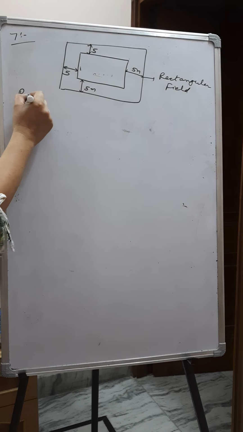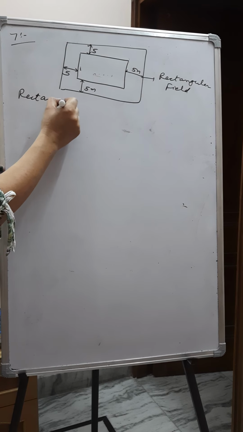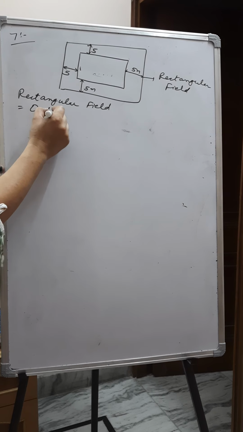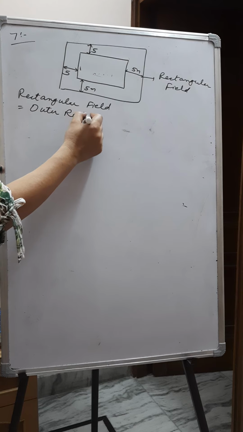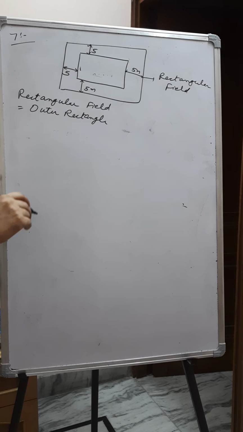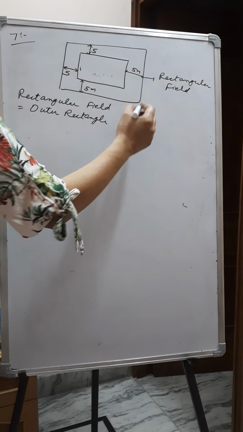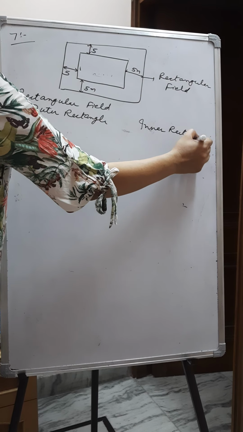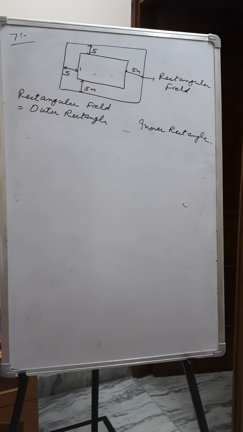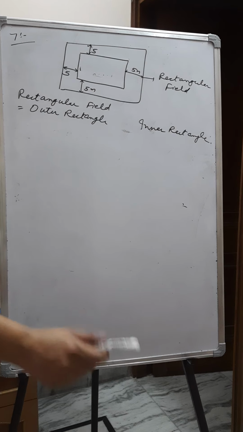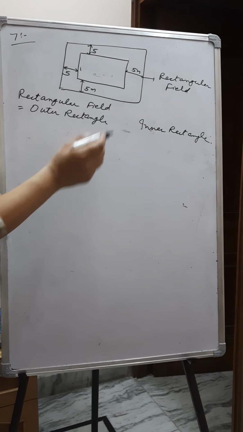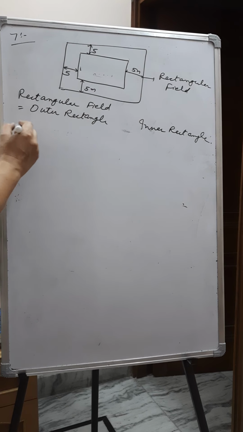Now the rectangular field is the outer rectangle, and we have to find the inner rectangle also. The question is to find the length and breadth if the area of path is given. Length is 3 times breadth.